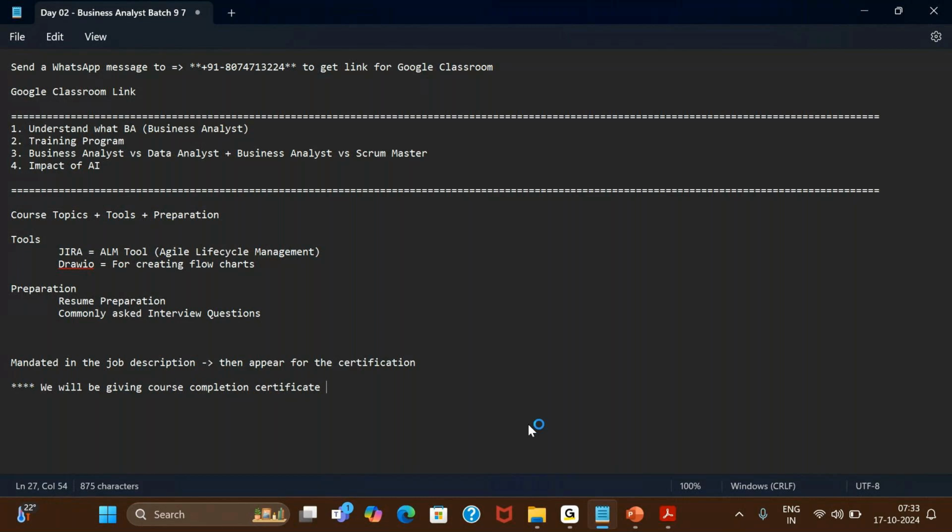That course completion certificate should not be confused with the ECBA or CCBA certificate. That is completely different. What we will be giving is a course completion certificate and not the certificate issued by the IIBA Institute.